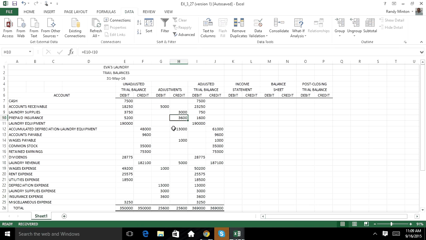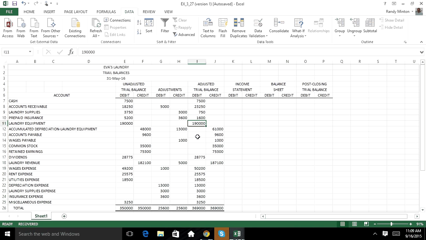Now, the next one, again, I told you at the start that we started out with laundry equipment of $190,000, and in the book, they had $177,000 over here. Well, what they did was they took the depreciation expense, that is the accumulated depreciation side of the entry, and they reduced laundry equipment instead of putting it to accumulated depreciation, which is the proper way to do it.